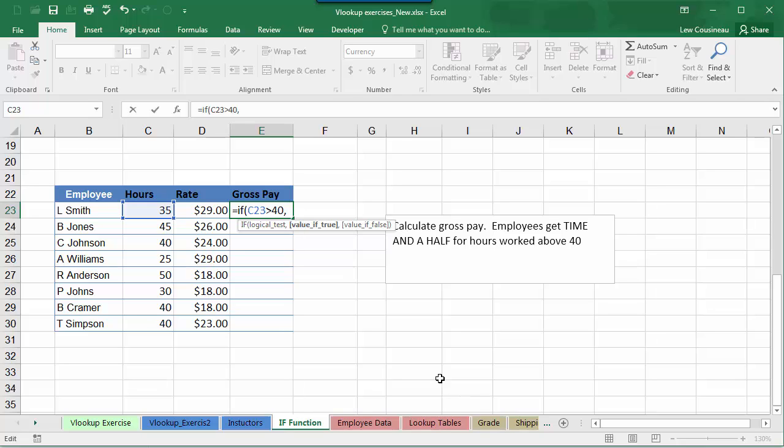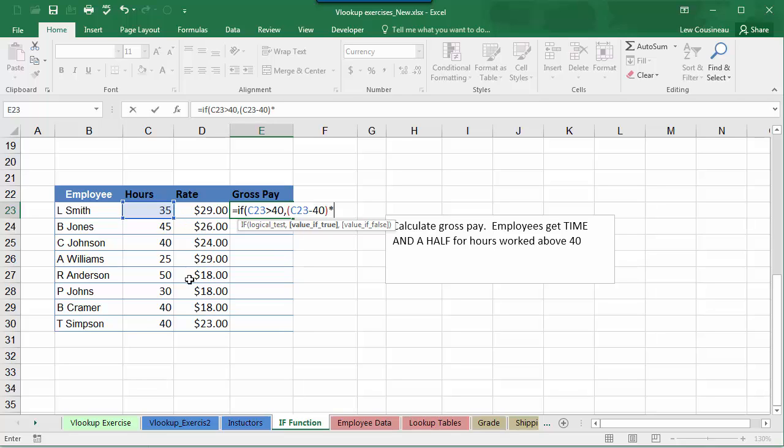So what I need to do is take their number of hours they've worked right here. So I will put a parenthesis and take that minus 40. So for instance, if this person had worked 45, this would be 45 minus 40. So that gives me 5 hours of overtime.